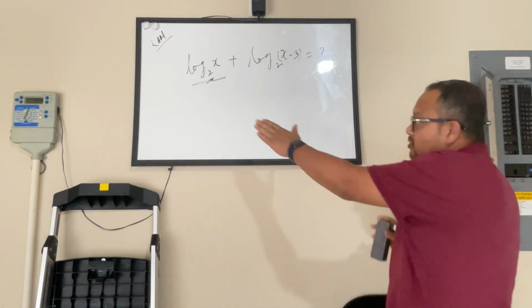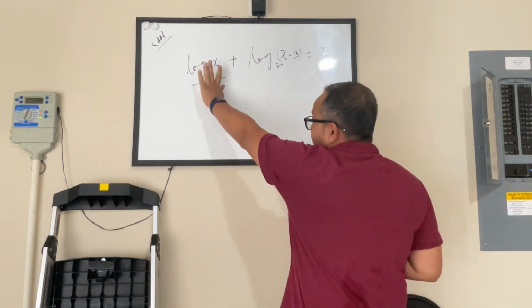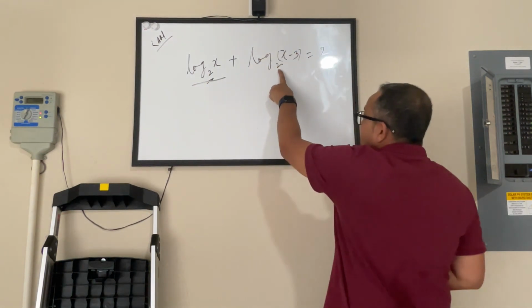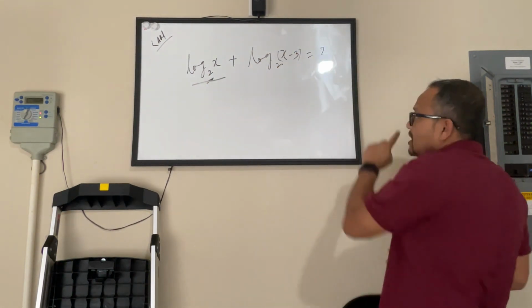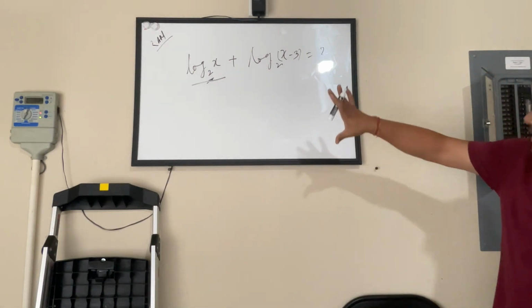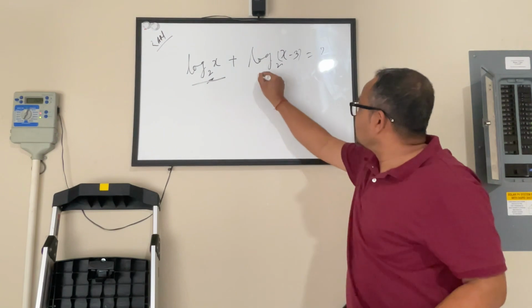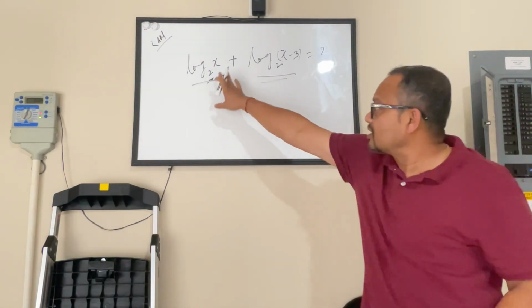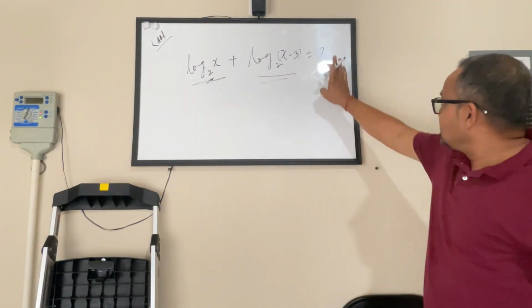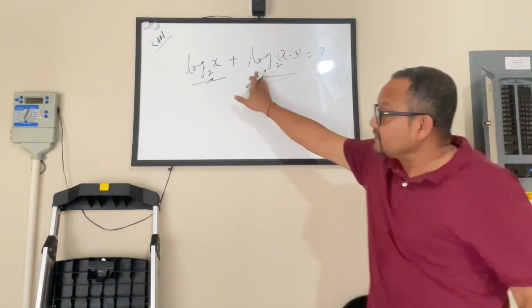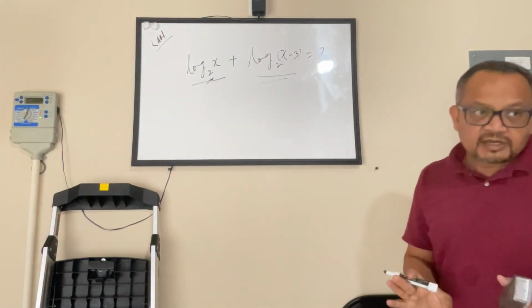If I read it one more time, I see log x base of 2, log x minus 3 base of 2 equals to 2. What I am finding by reading it multiple times is, these two guys seem from the same family. Both have log base 2. This guy is the outlier. If I can bring this guy also into the same family, my job becomes a little easy.